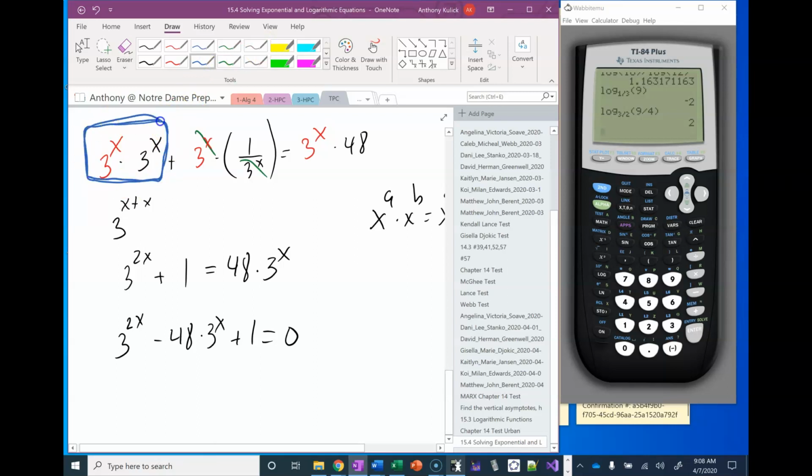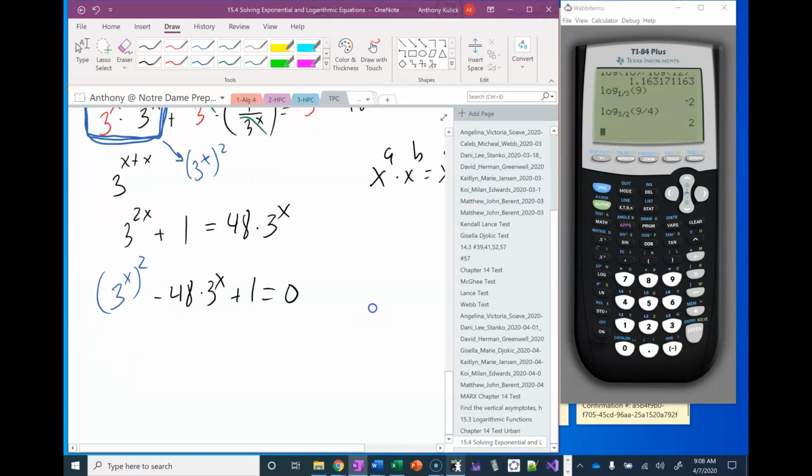So let's go back to this part where we had 3 to the x times 3 to the x. Isn't that going to be the same as 3 to the x squared? So let's rewrite this as 3 to the x squared. Now, they mean the same thing. It's just that now we look much more like a quadratic, right?